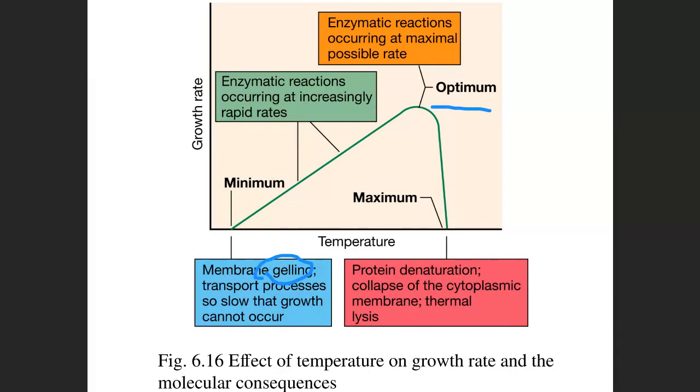The enzyme stays alone and wouldn't be able to find the ATP or the substrate. So there is no growth. But in between, the enzymatic reaction will increase as it gets to the optimal temperature.